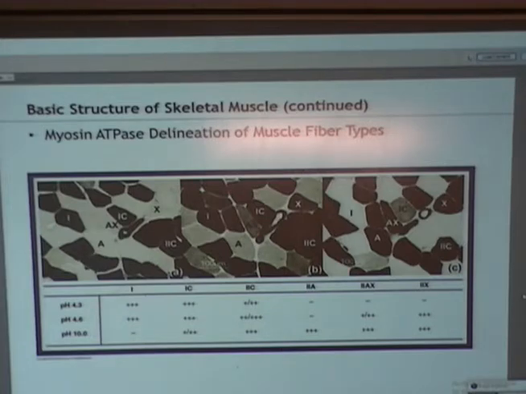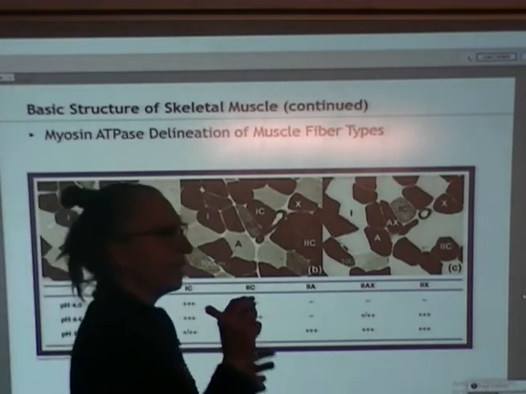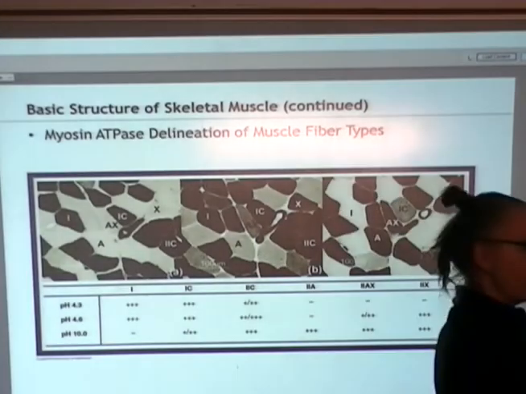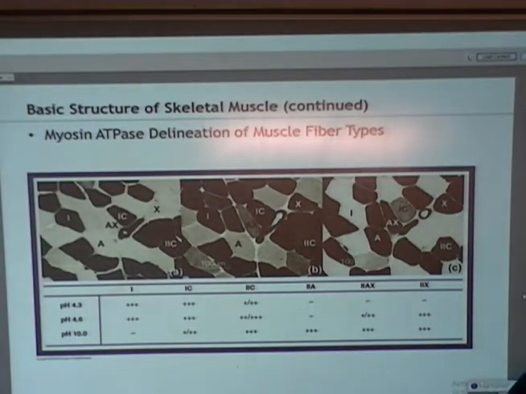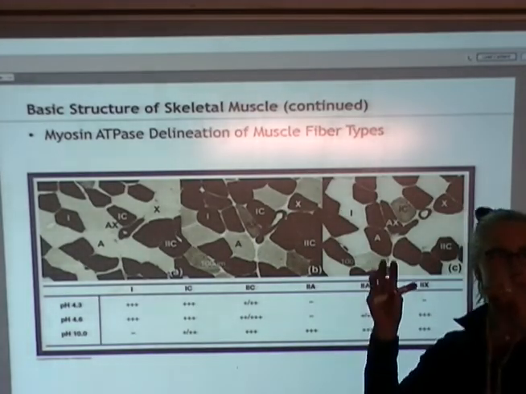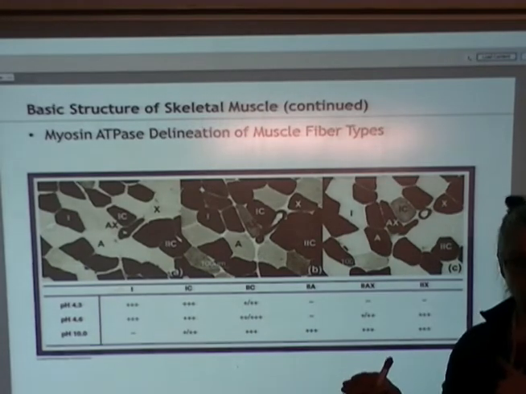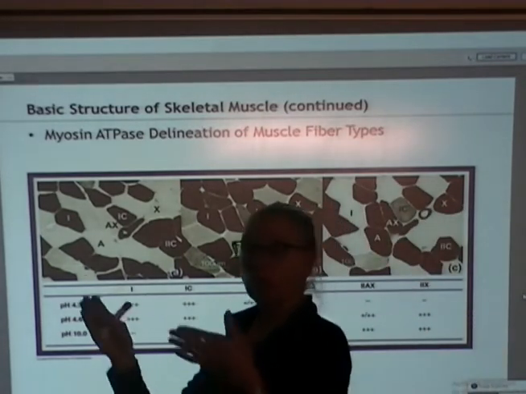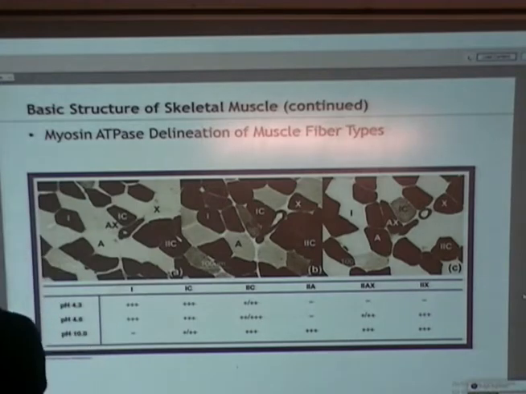So they've got like a 2AX, a 2AC, but they haven't really identified those new muscle fiber types in humans. They found them in lab animals, but they haven't really identified them in humans.